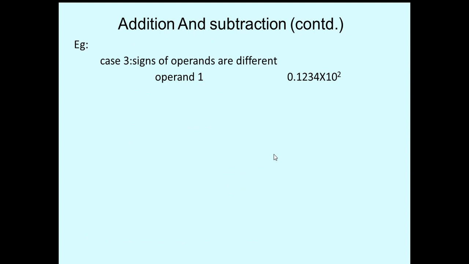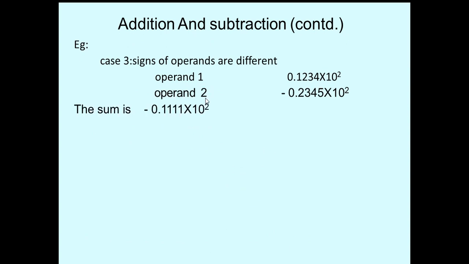And then, when the signs of operands are different: operand 1 is 0.1234 into 10 power 2, operand 2 is minus 0.2345 into 10 power 2. Here the exponents are equal.